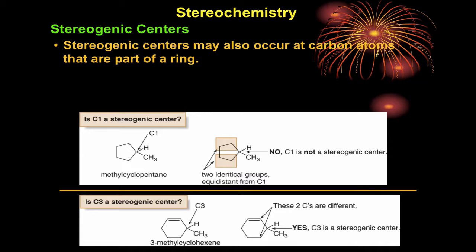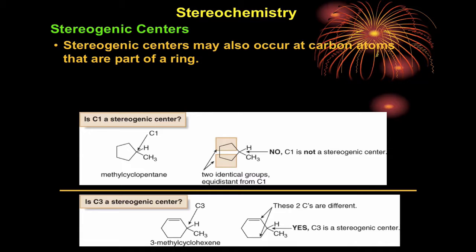Another way that I would know that is, what type of symmetry does that molecule have? It's got a mirror plane that runs through it, right? So if I imagine that the methyl group is coming out of the plane of the board and the hydrogen is going behind the plane of the board, I would have a mirror plane right through the center of the molecule.